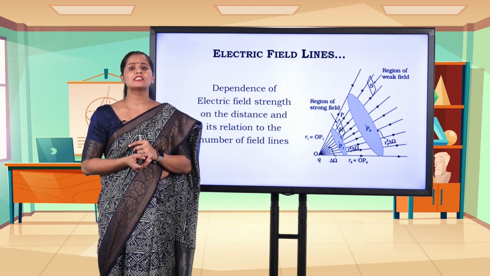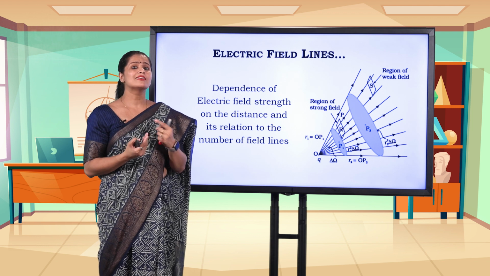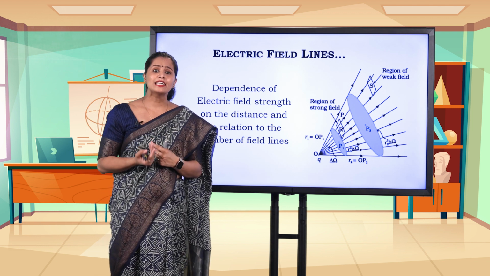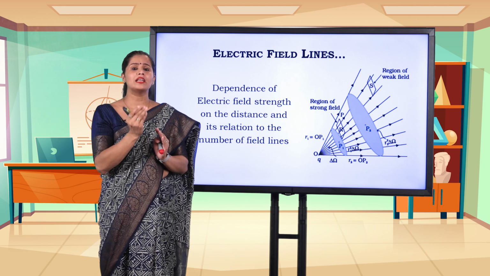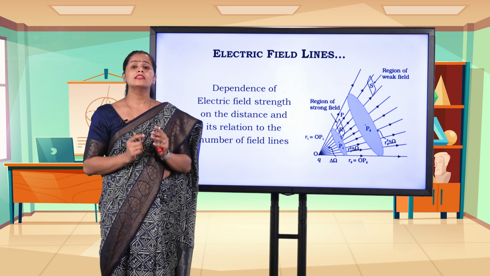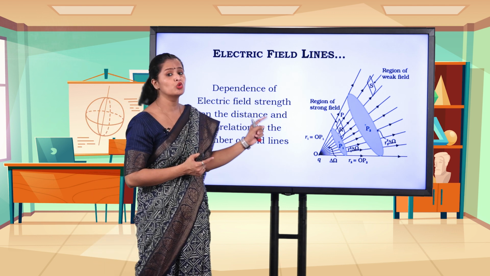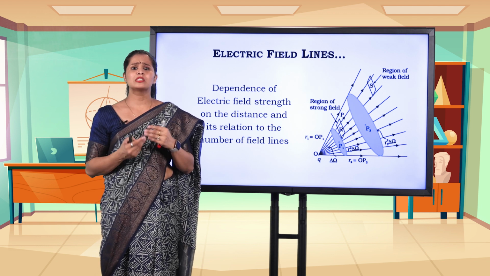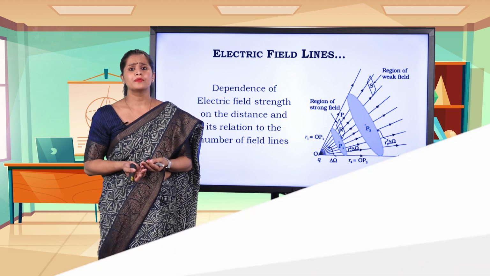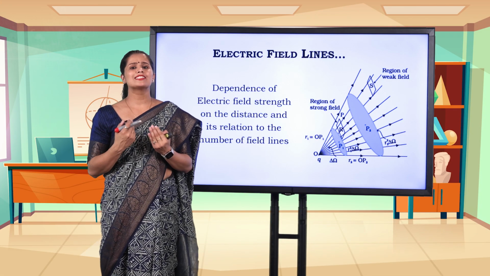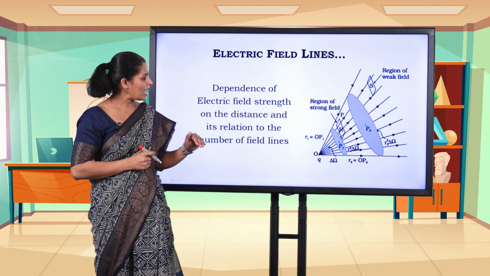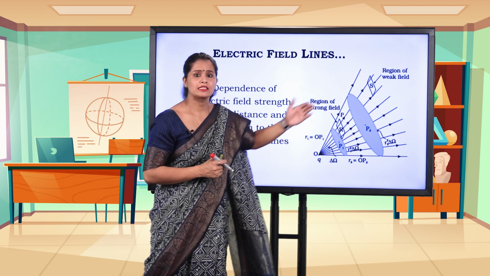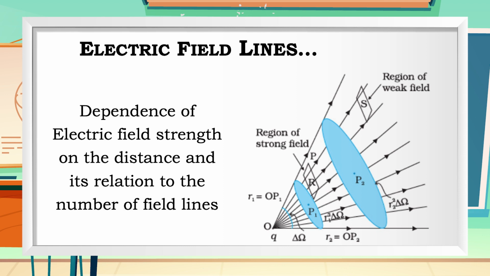We will understand this by saying, having drawn a certain set of field lines, the relative density, that is closeness of the field lines at different points, indicates the relative strength of electric field at those points. The field lines crowd where the field is strong and are spaced apart where it is weak. We can imagine two equal and small elements of area placed at point R and at point S. The number of field lines in our picture cutting the area elements is proportional to the magnitude of field at these points.